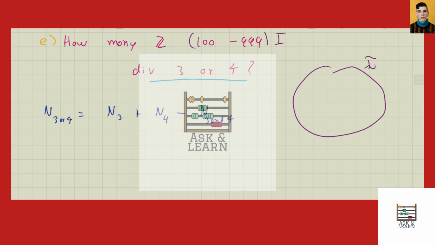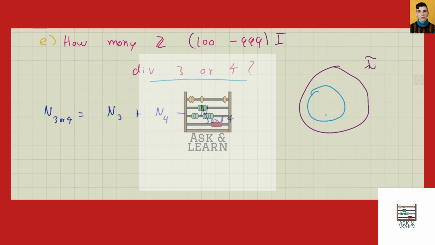Just think of it this way, because otherwise it's going to be complicated. Let's suppose that this part here is the set of numbers that are divisible by 3, and over here is the set of numbers that are divisible by 4 on that interval.